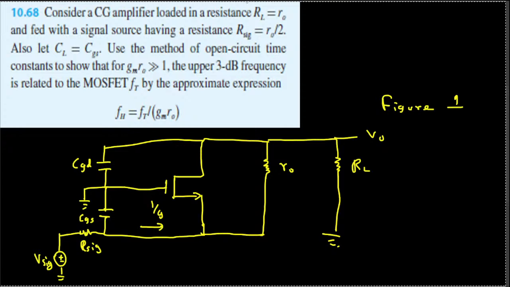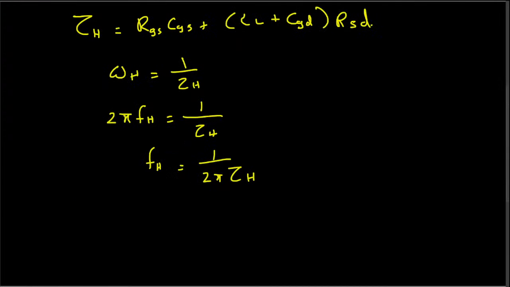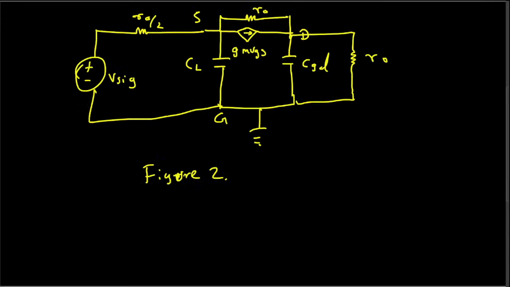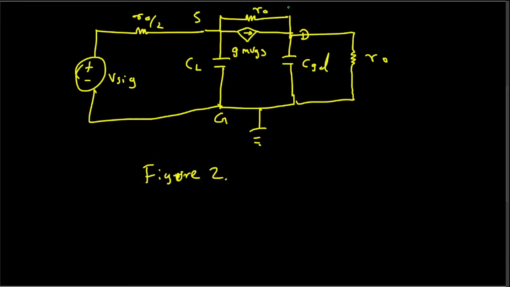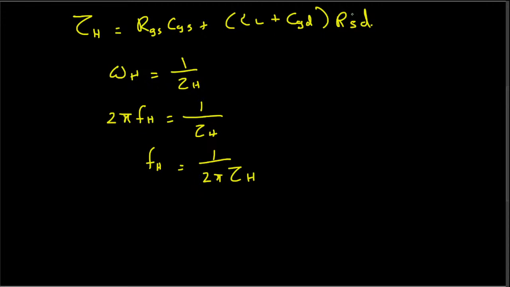What else do we have to know? Source to drain. We also have to know that RST and RGD are going to be equal as well, since RL is equal to RO, both of the resistances are going to be equal.